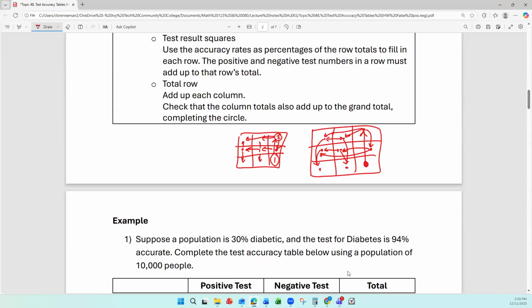But you're kind of going in this counterclockwise circle. The important thing here, you're not doing a left to right row to column. That will not work. You got to start with the total and work your way back.